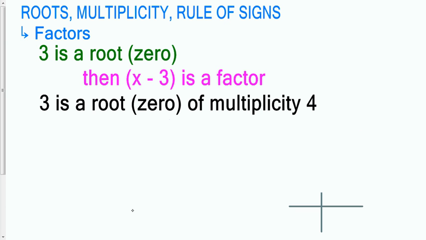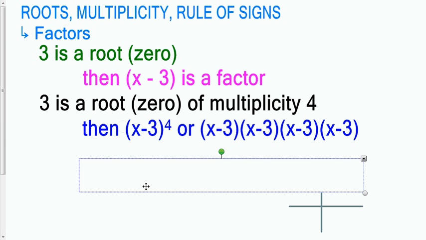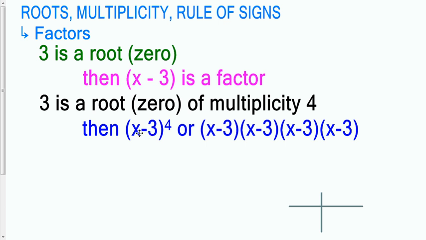There are also going to be some problems where it's going to say 3 is a root or a zero of a polynomial function of multiplicity 4. In that case, x minus 3 is still a factor, but it could be written as x minus 3 to the fourth, or you can write it out as x minus 3 times x minus 3 times x minus 3 times x minus 3.